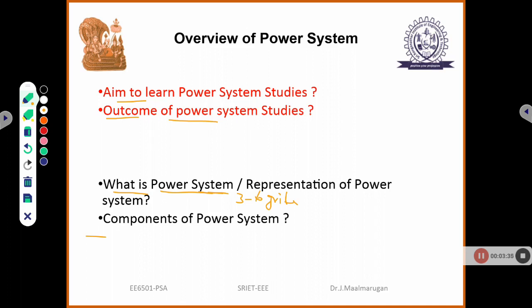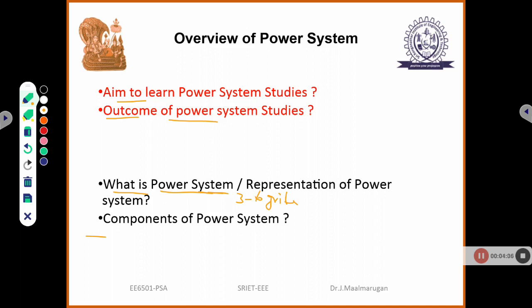The distribution transformer is nearby your house, and it feeds the various loads. Our house is a load. So this is the representation of power system: generation, transmission and distribution. That is how we represent the power system.